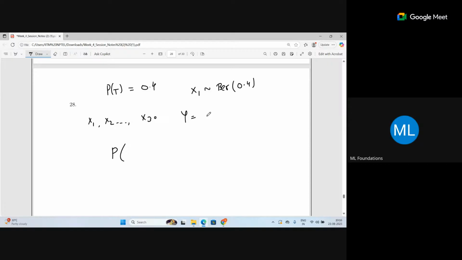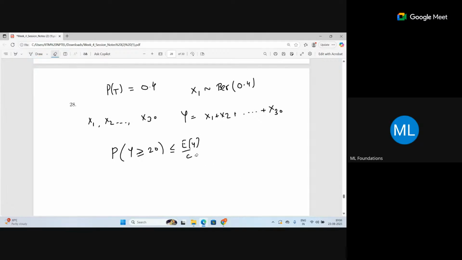So Y will be X1 plus X2 up to X30, and I am asked to find the probability that Y is greater than or equal to 20, and that has to be less than or equal to mu by c. Instead of mu I'll write expectation of Y, by c, and c here is 20.